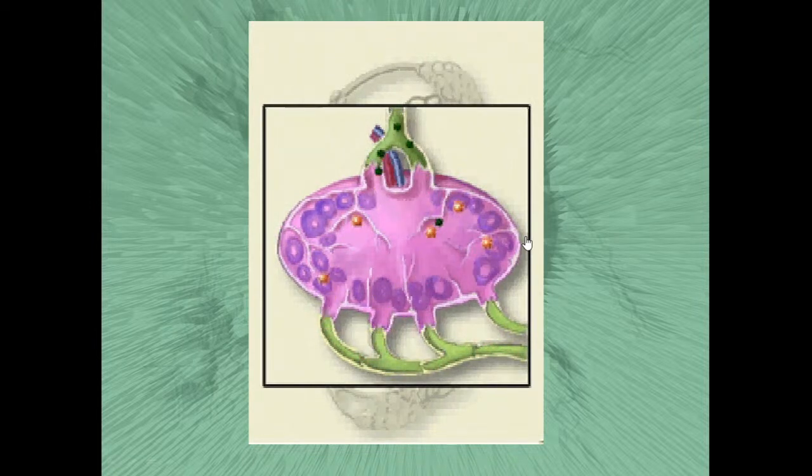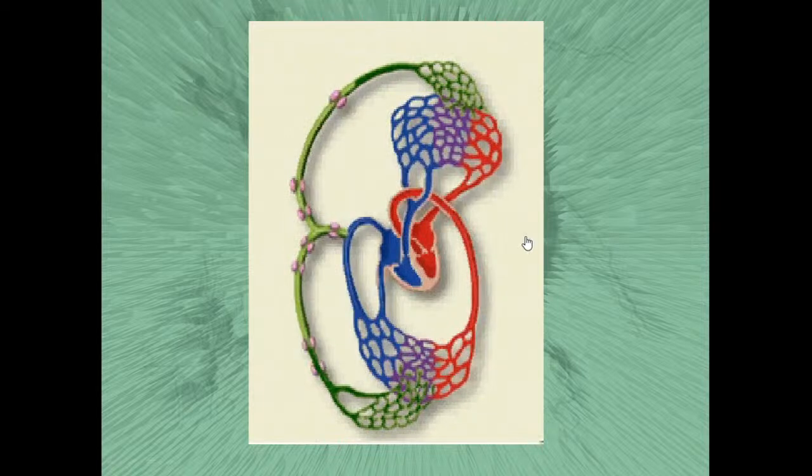Then lymph is collected in the lymphatic trunks, and through the lymphatic ducts returns back to the venous system in the blood circulation.